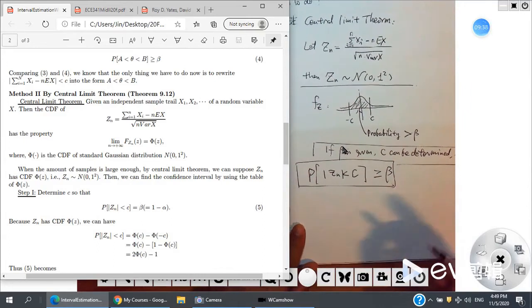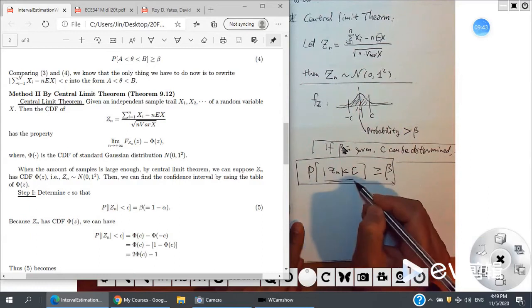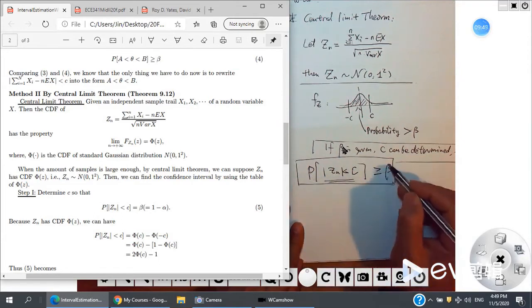Okay, actually almost done. We have an interval. In this interval, the probability is larger than beta.